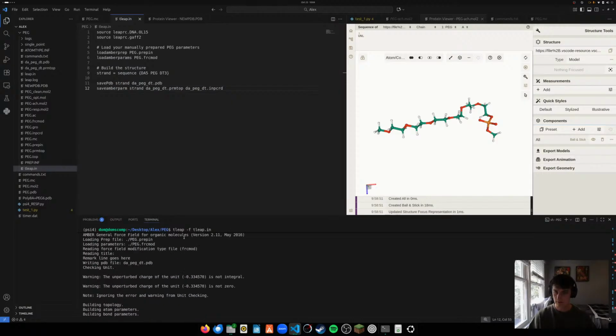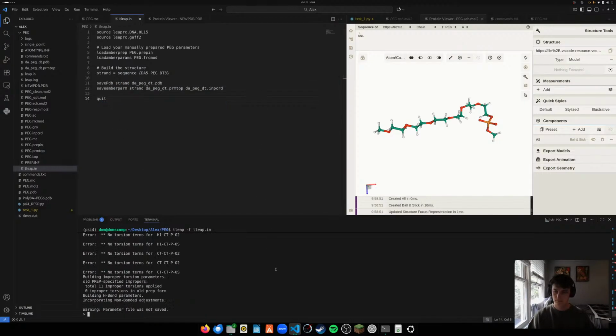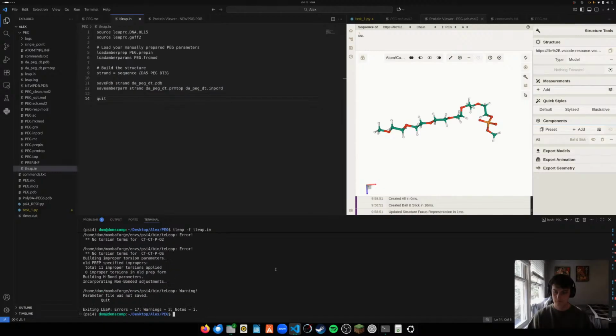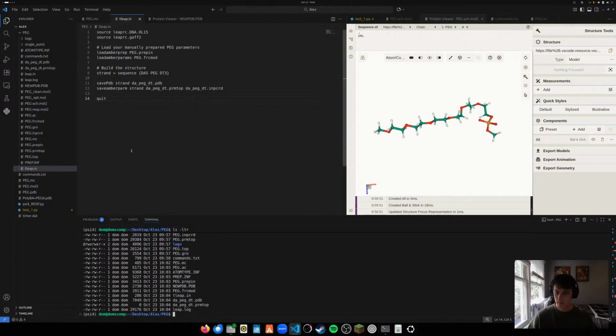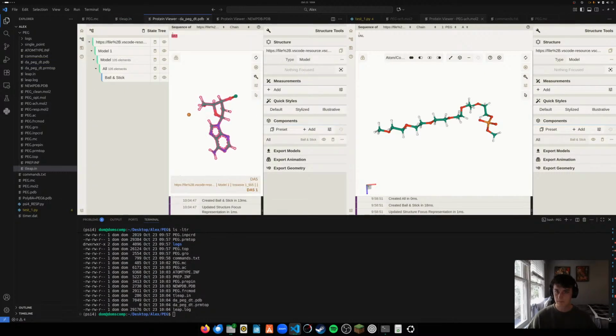So now we're getting a lot of no torsion parameters. Start making the PDB.